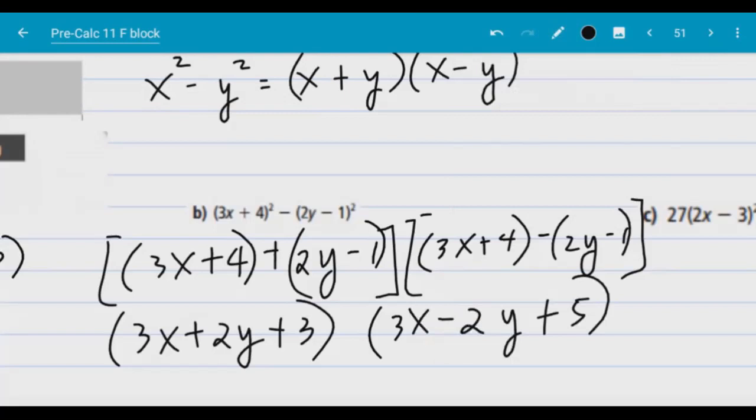Okay, guys, when we simplify this, 3x is this 3x. All right. This negative 2y is this. The negative of 2y becomes negative 2y. All right. While this 5 is 4 minus negative 1.